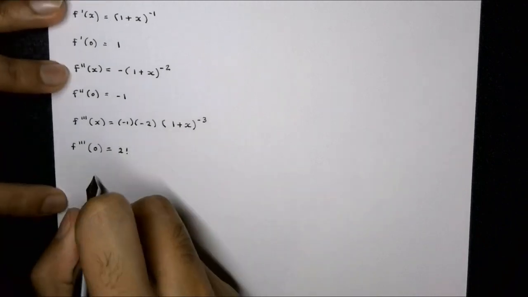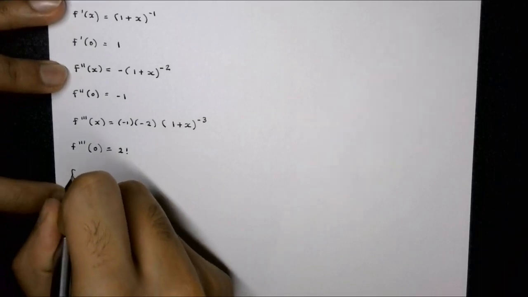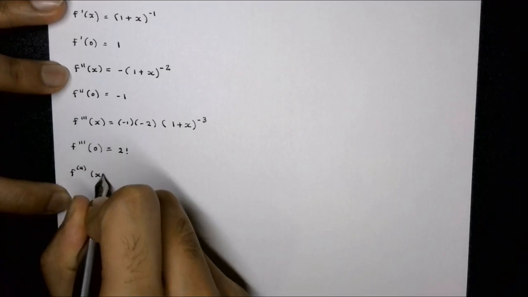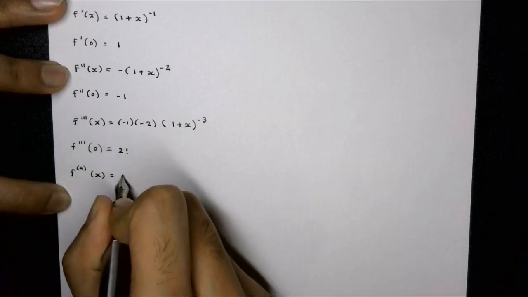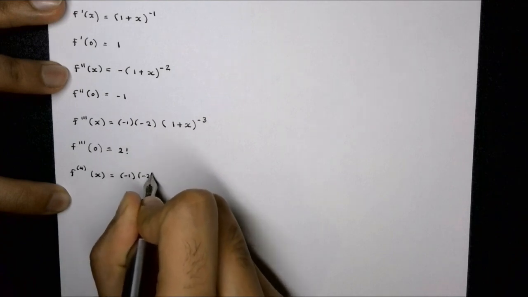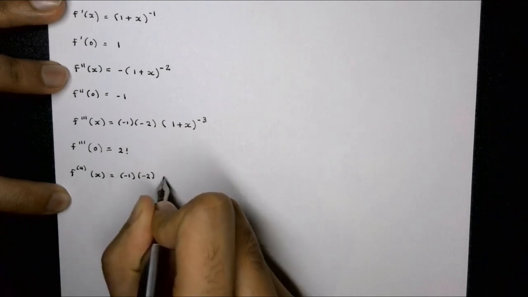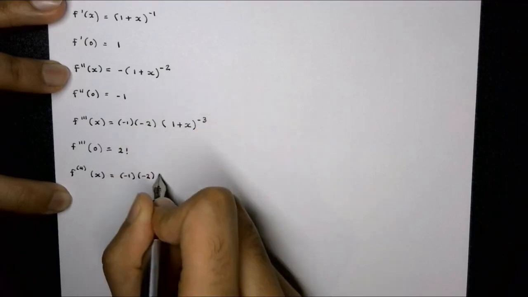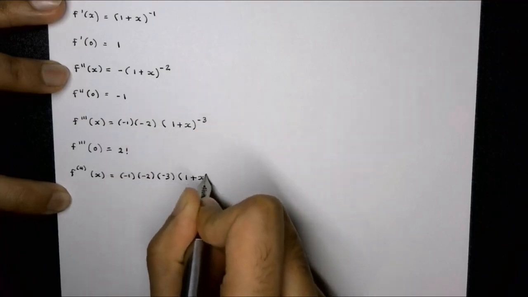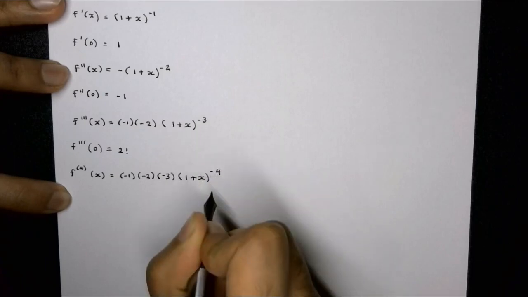If we work out the fourth derivative of x, we will have the minus 1 times the minus 2, and then we'll have this result times by the minus 3, lots of 1 plus x to the minus 4.